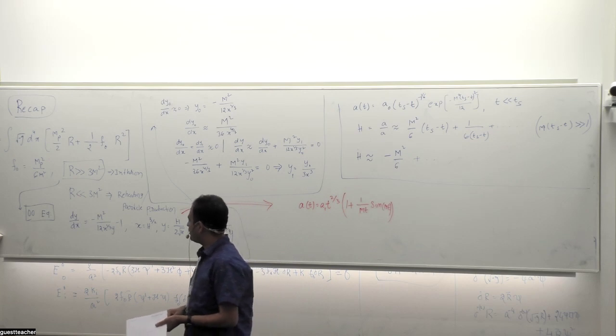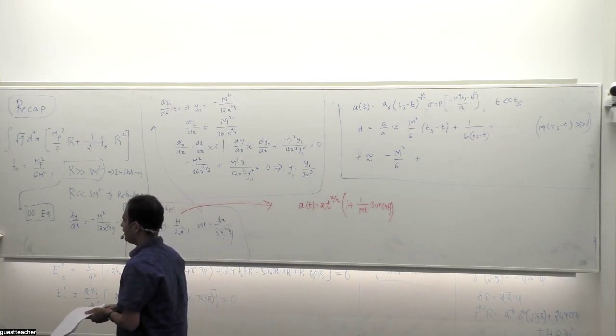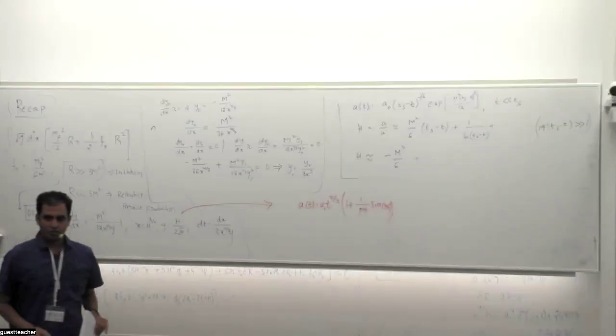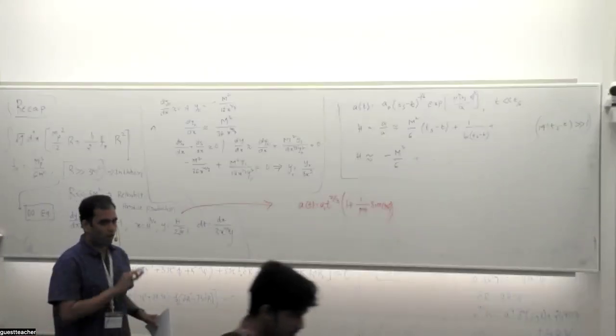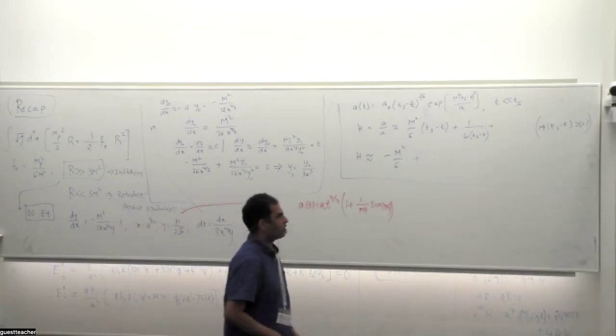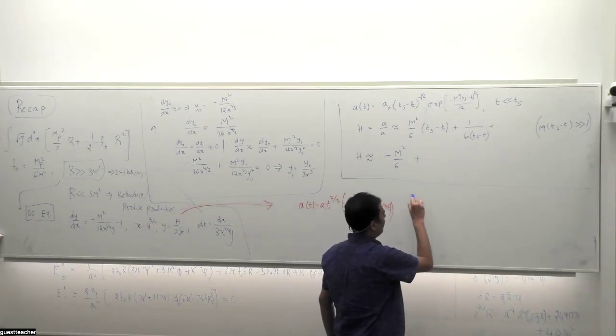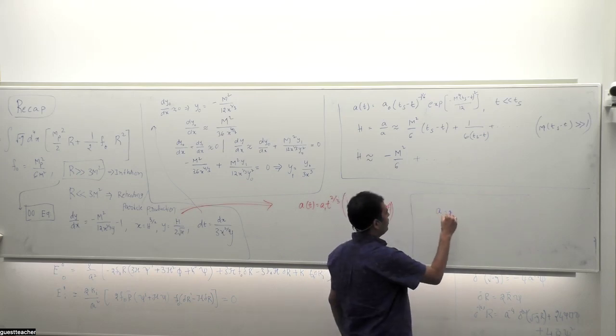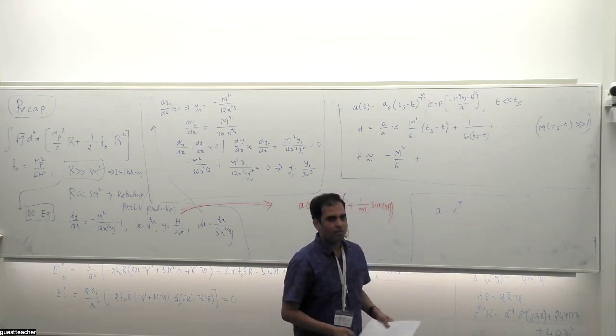Exiting inflation is the most important thing. Otherwise, it's not at all a realistic model. In the literature, you find a lot of inflation frameworks called power law inflation, where people take a to be some t to the power p, where p is some number.